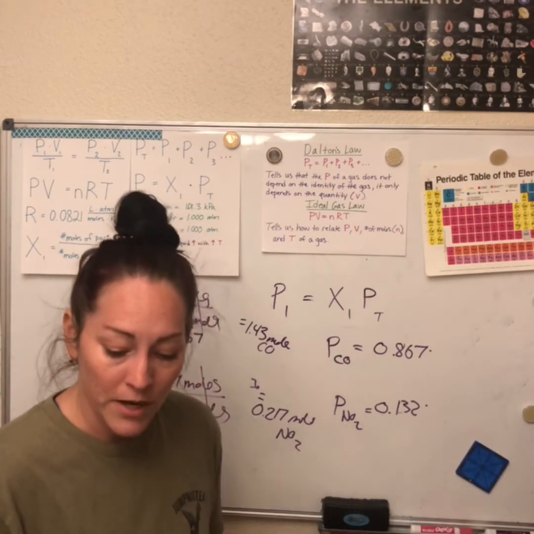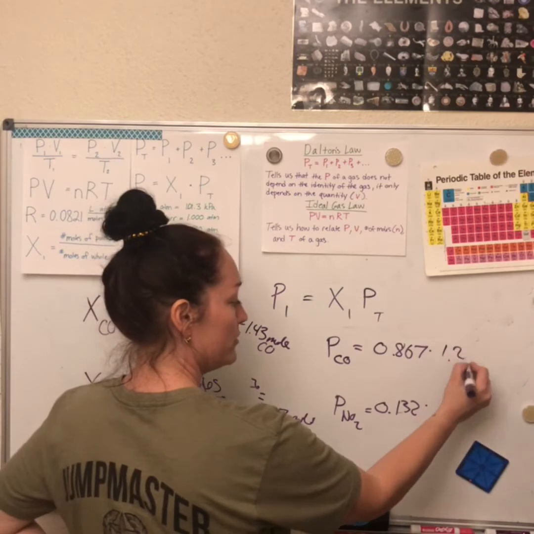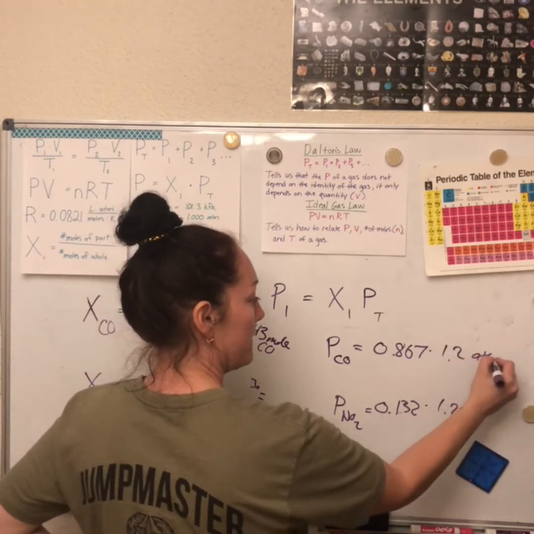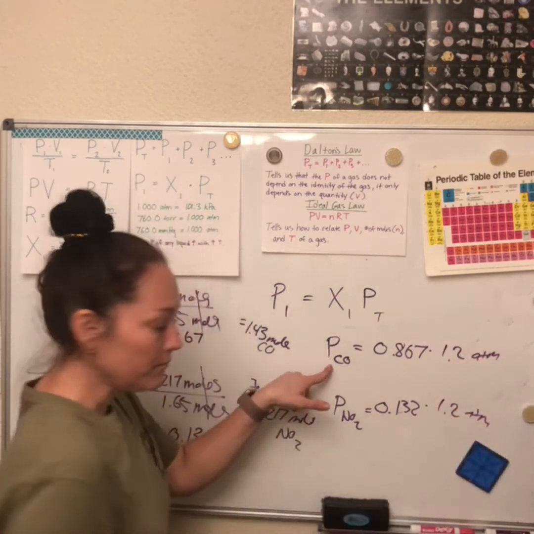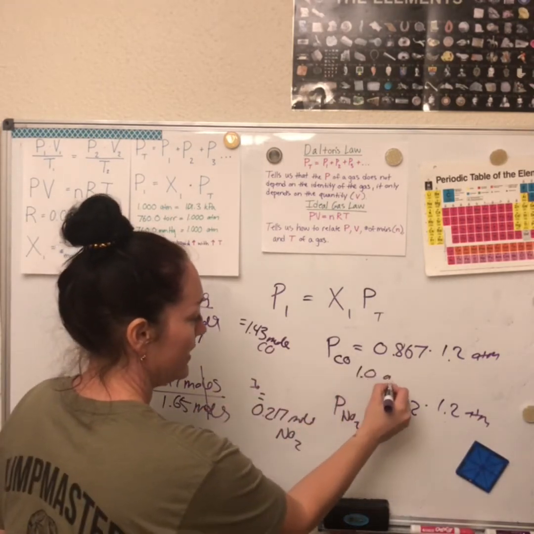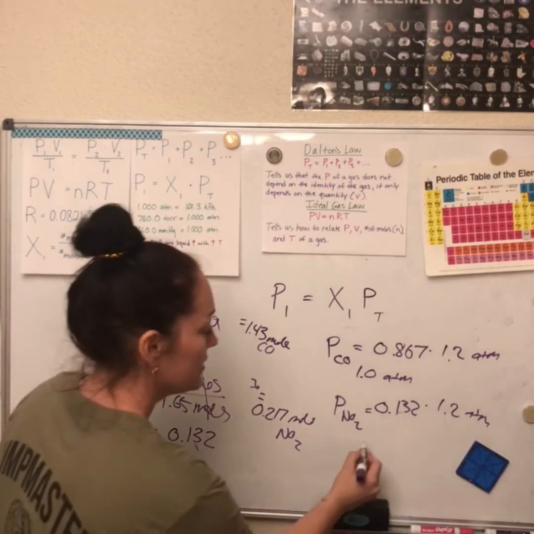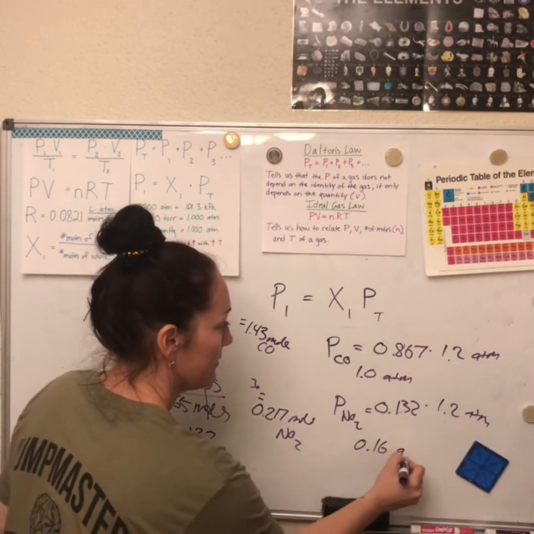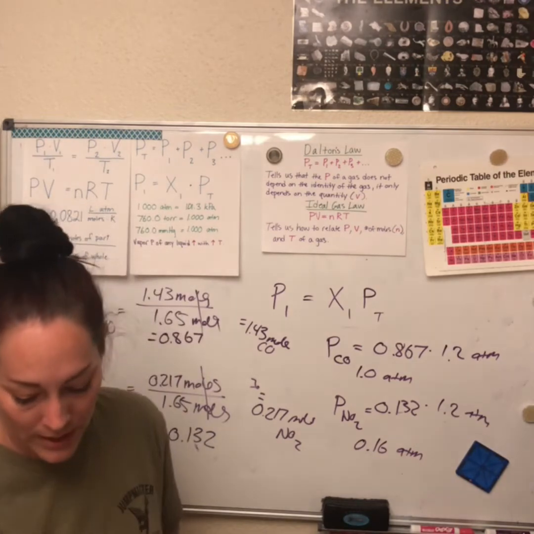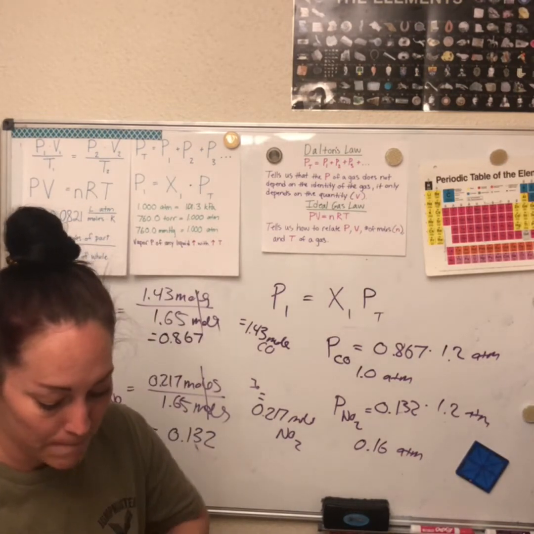Yep, they said the total pressure is 1.2 atmospheres, okay? So 1.2 atmospheres. So if I do that, this is going to end up being 1 atmosphere. That's my answer. And this partial pressure is going to be 0.16 atmosphere. Okay? So that's the first one right there.